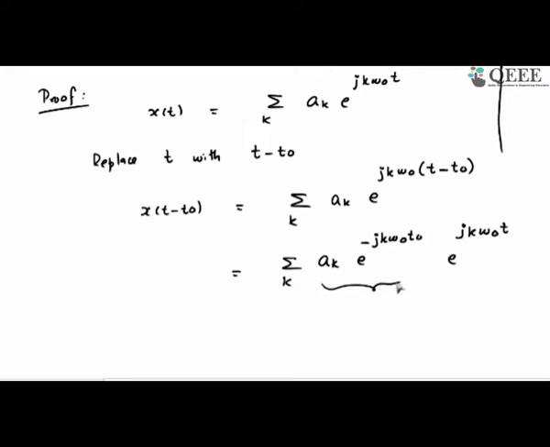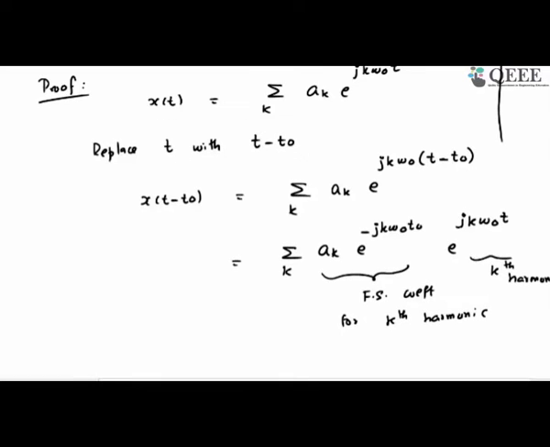So this is the Fourier series coefficient for the kth harmonic. Remember that this is the kth harmonic. So the Fourier series coefficient which multiplies the kth harmonic frequency is a k e power minus j k omega naught t naught, and that is what we said.